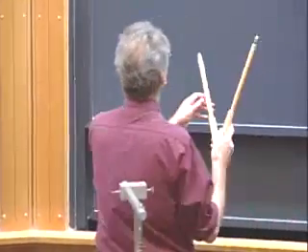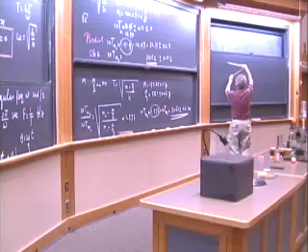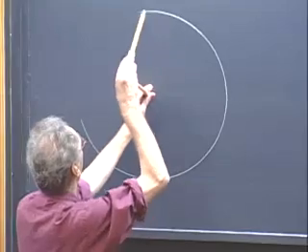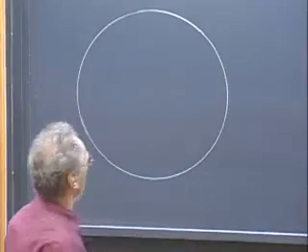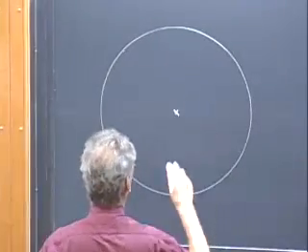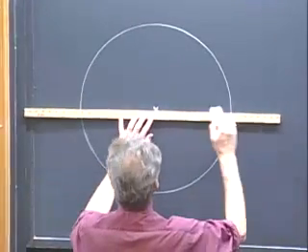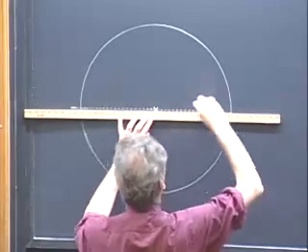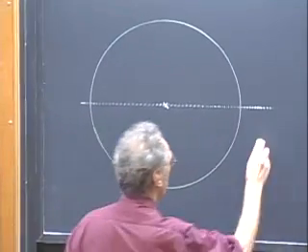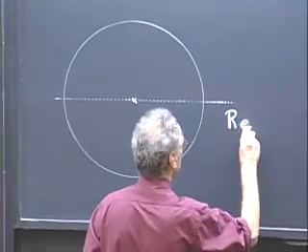I start with a circle. And this is the complex plane. The blackboard is a complex plane. That's quite a promotion for the blackboard. And here, I call this axis the real axis. So all the real numbers are on this axis.